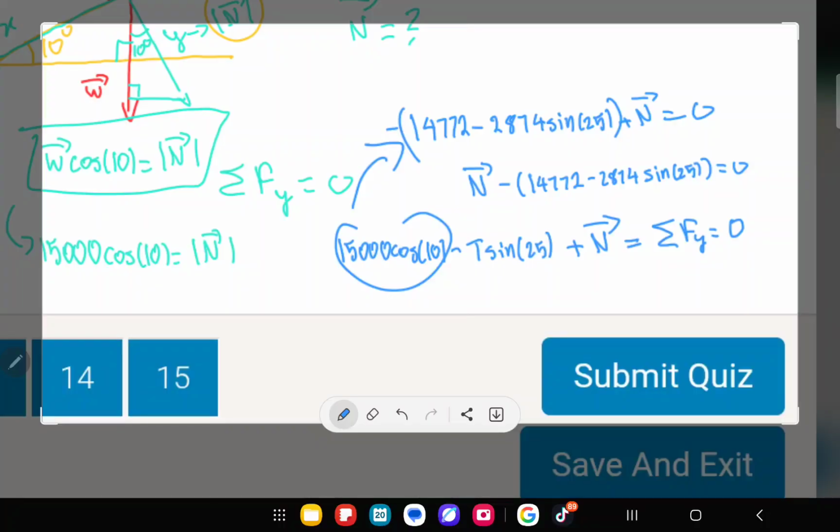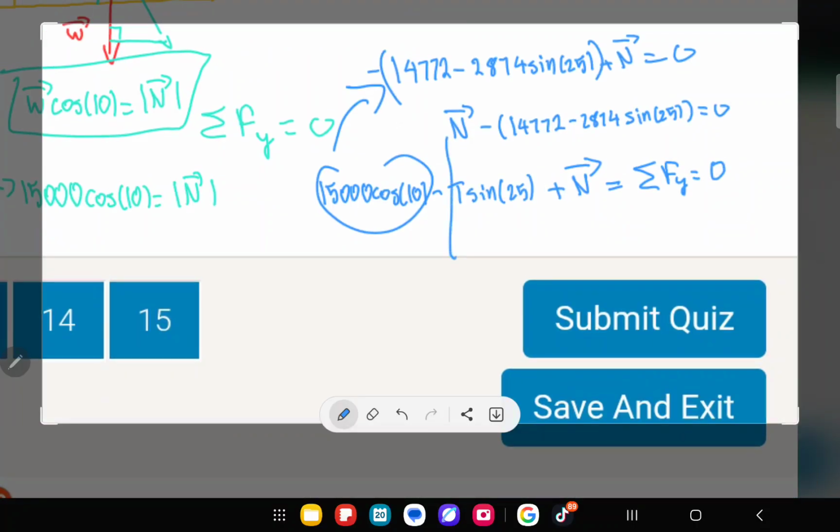Thus, N is equal to 14772 minus 2874 sine 25. Deducing it with this, we get that the normal force is equal to 13557 newtons to the nearest integer.